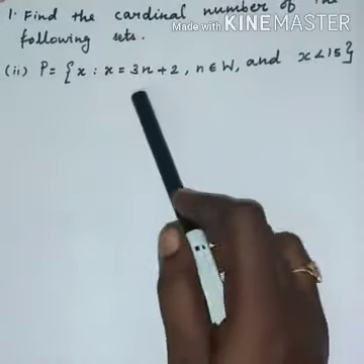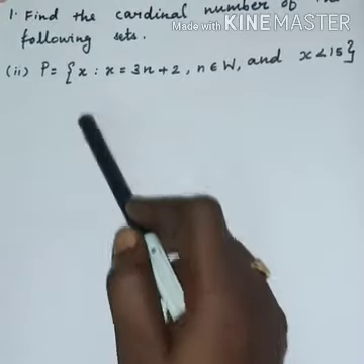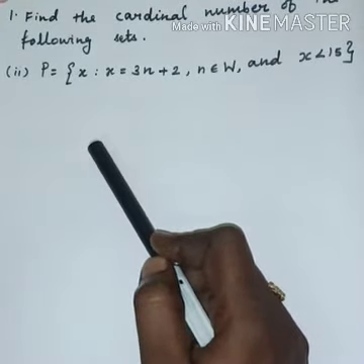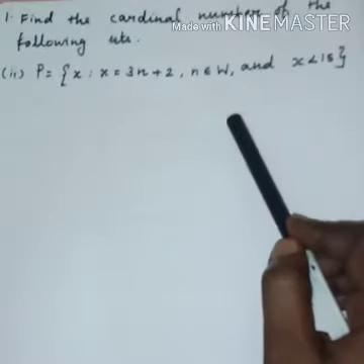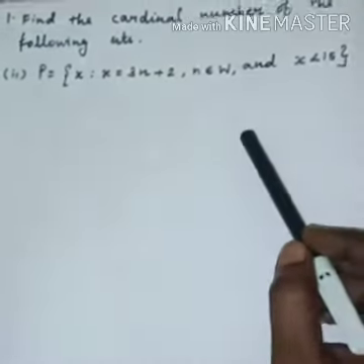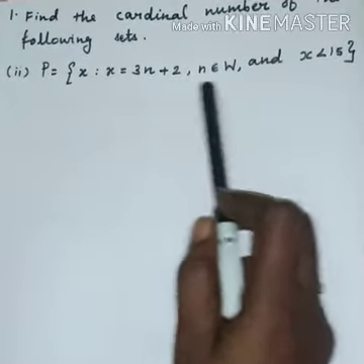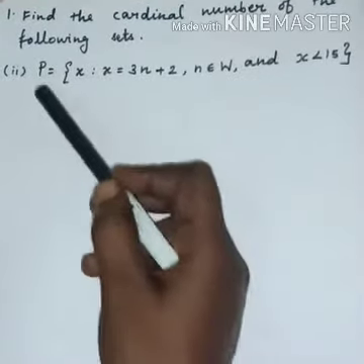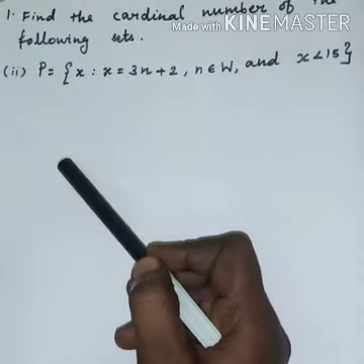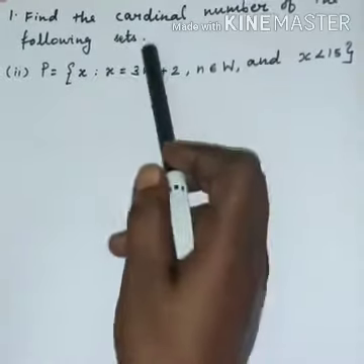So, we have to change this P into roster form. You already know that roster form is nothing but listing the elements of P. Here, the elements are not listed. We have to list the elements of P, and then only we can find the cardinal number of the set.